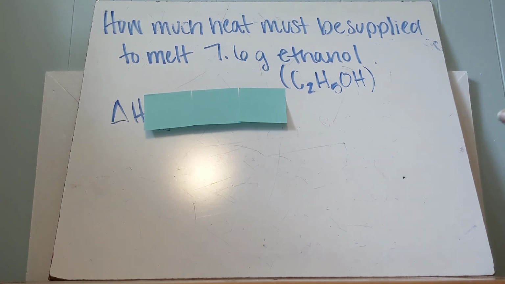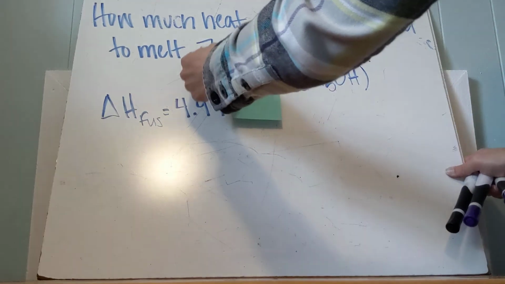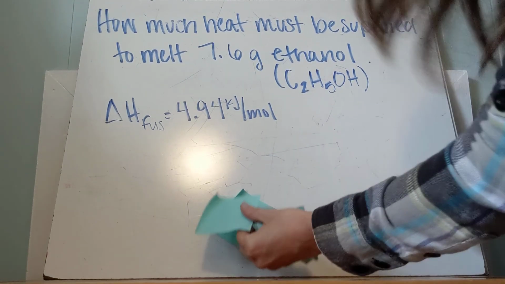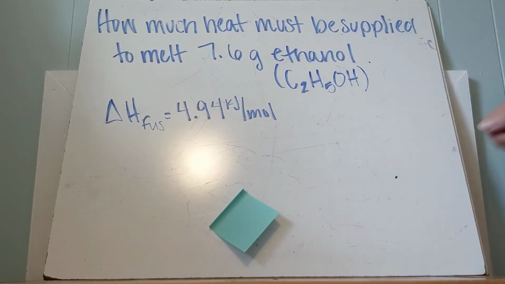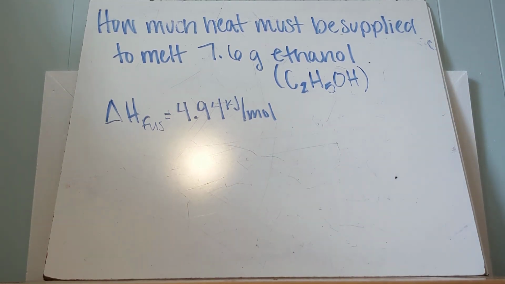I just looked up the delta H of fusion. So the delta H of fusion is just that, 4.94 kilojoules per mole.